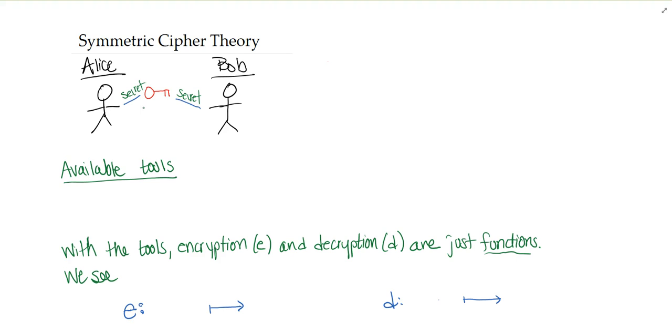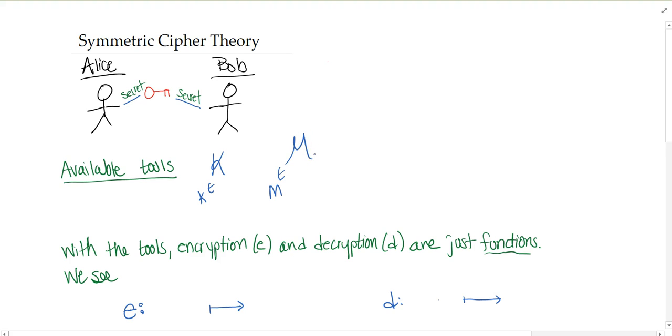So available to both Bob and Alice are a set of keys, and we're going to use a capital K to denote the set of keys, and then within this set, the particular k that they choose, we use a lowercase k for that, and then they each send a message m, lowercase, but those come from a set of all messages that they could send, and I use a capital M for that.